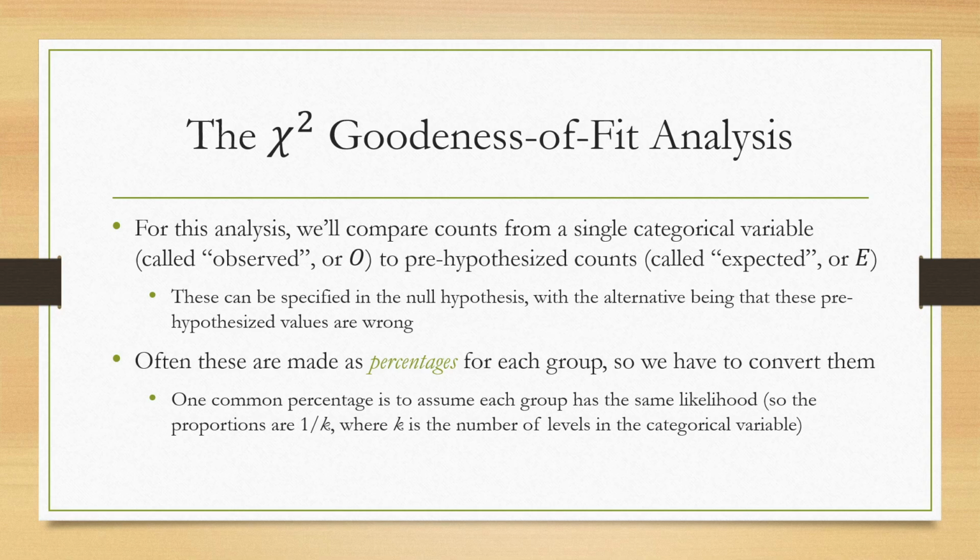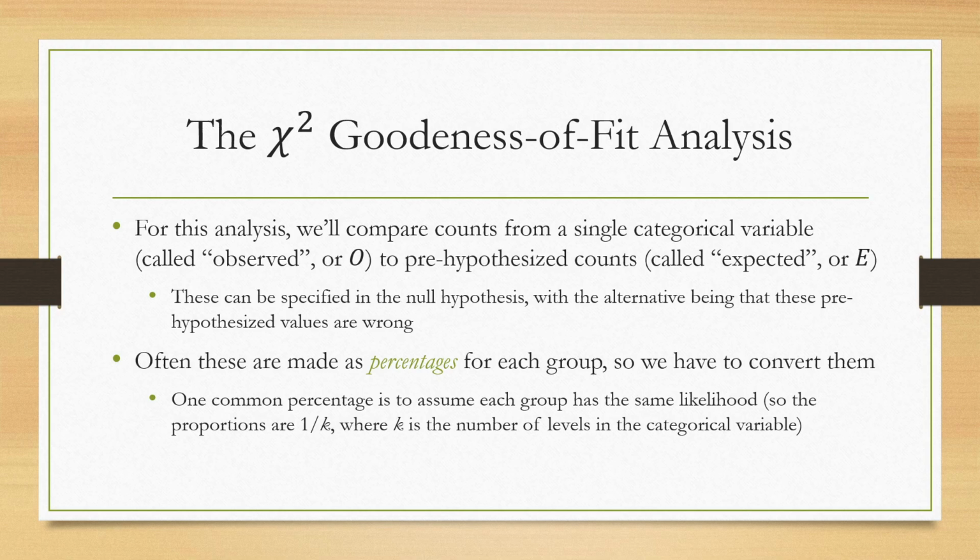I will say one common percentage that we can assume for the null hypothesis is to assume that each group has the same likelihood. For instance, if I have K levels, let's say I have 3 levels of triage, and I'm assuming that each level of triage has the same number of patients that enter it. That's not a very good assumption, right? But just for the sake of argument, the proportion that I would assume in each group is 1 divided by the number of levels in my categorical variable, the number of options.